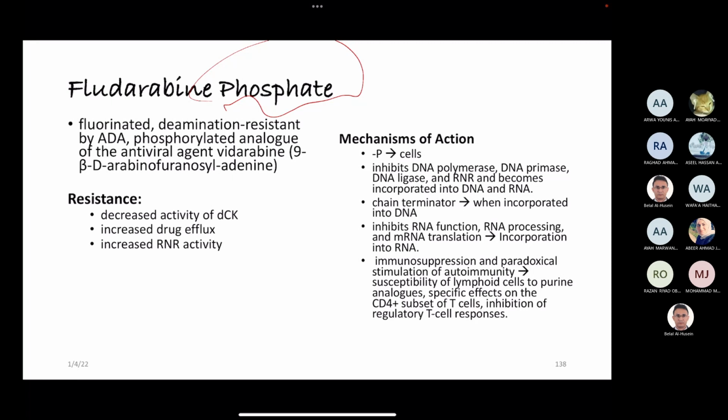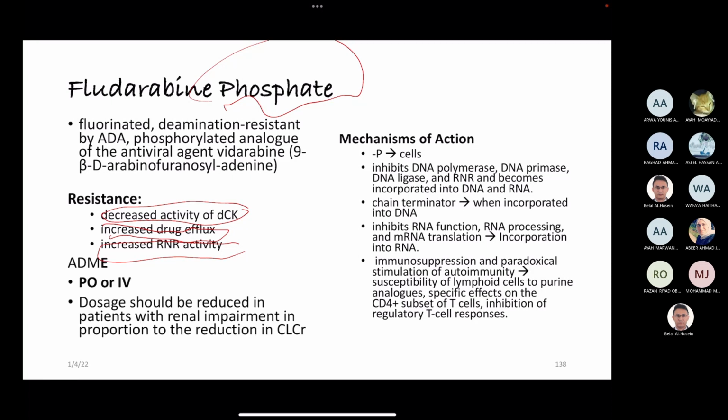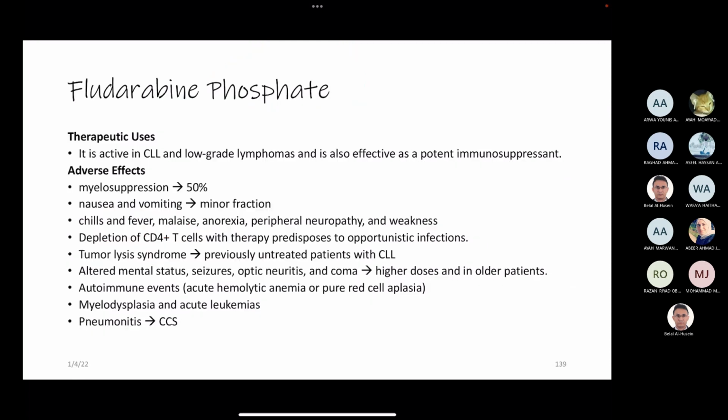في عندنا mechanisms of resistance زي ما قلنا, inhibition of breakdown or inhibition of activation, or stimulation of breakdown or inhibition of activation. Here also we have increased efflux or decreased activation or increase of one of the target اللي هو ribonucleotide reductase. The drug is given orally or IV, and dose reduction should be performed with poor renal function.